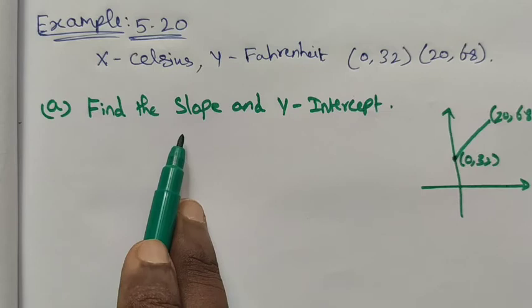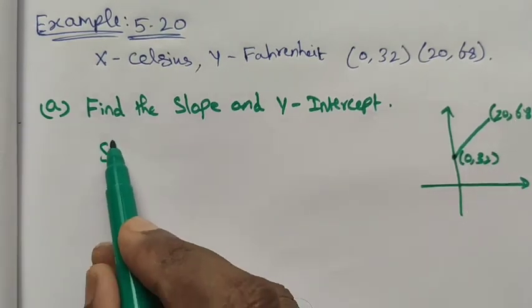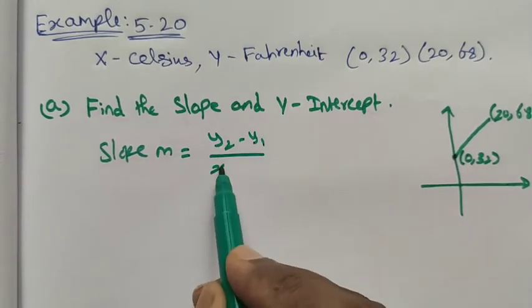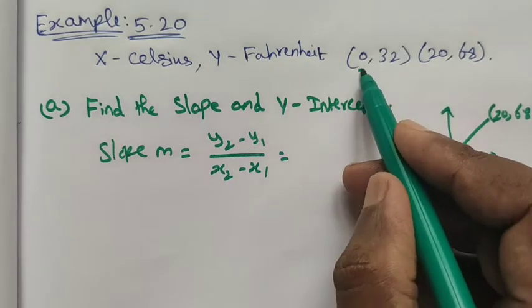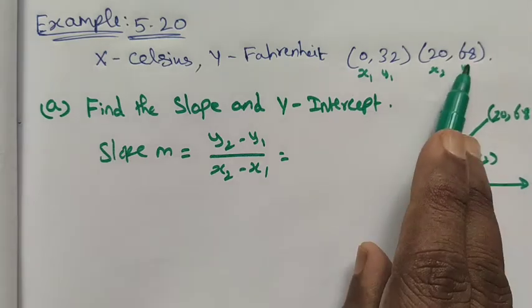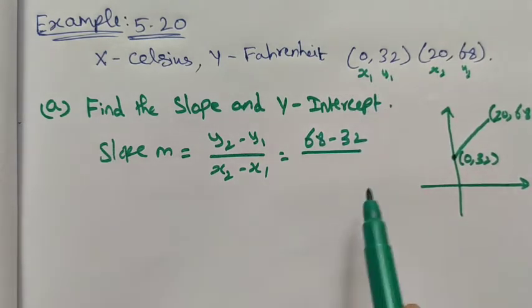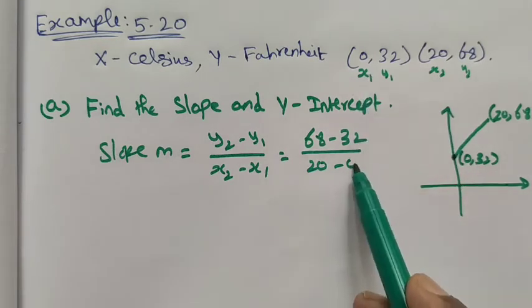Now first we want to find the slope and the y-intercept. When the 2 points are given, we know how to find slope: m is equal to y2 minus y1 divided by x2 minus x1. That is the formula, right? Let me take the first point as x1, y1 and the second as x2, y2. So y2 is 68 minus y1 is 32, divided by x2 is 20 minus x1 is 0.